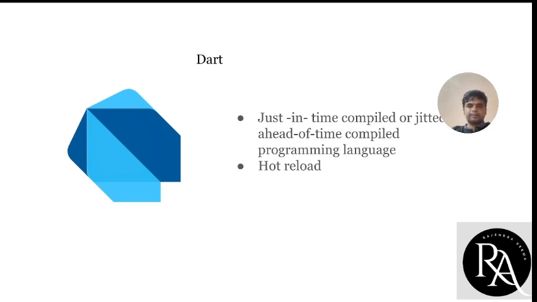And due to this feature, the hot reload tool was introduced in Dart, where you can compile the app in a fraction of a second. In Flutter development, the Dart programming language plays a big role, and it improves the developer tools in a big way.